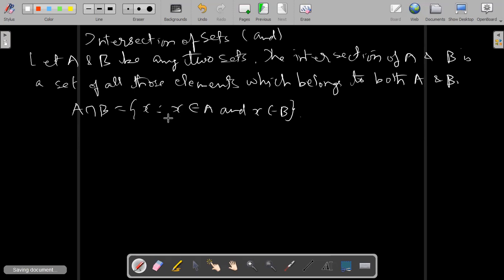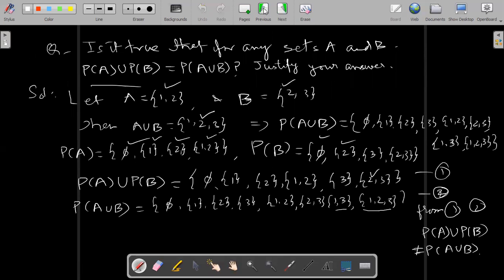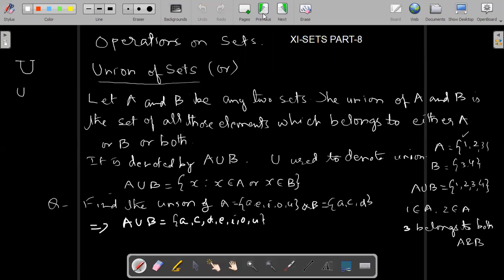If there is no common element, then its intersection will be a null set. How will we define intersection? That was the union. In union, you have to draw the Venn diagram of the union of two sets. How will you draw?